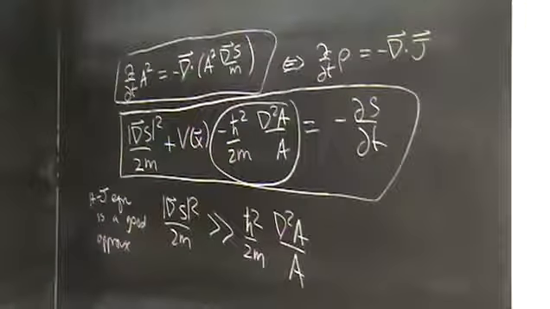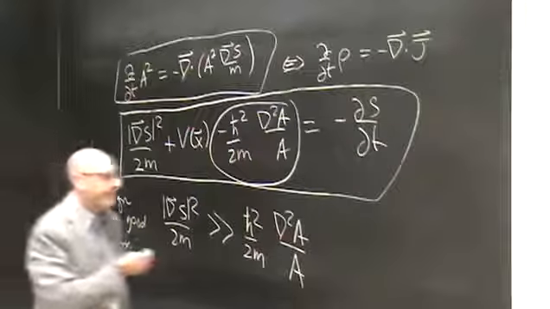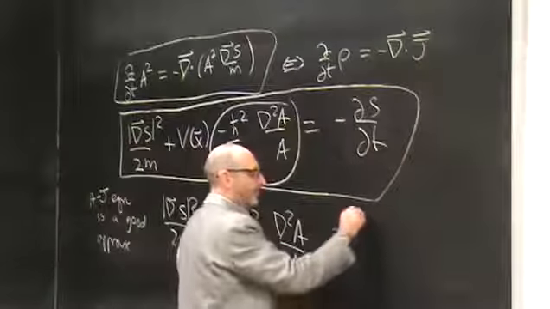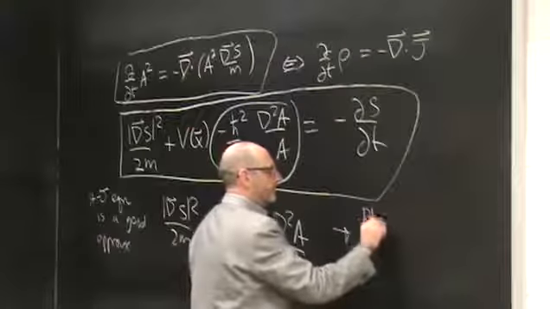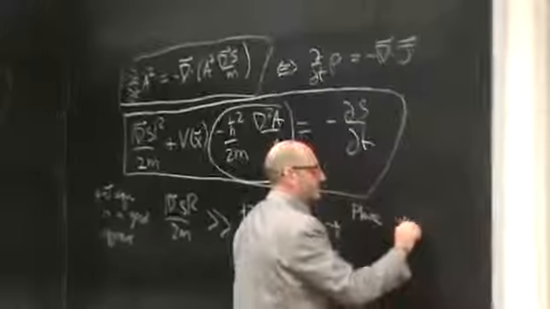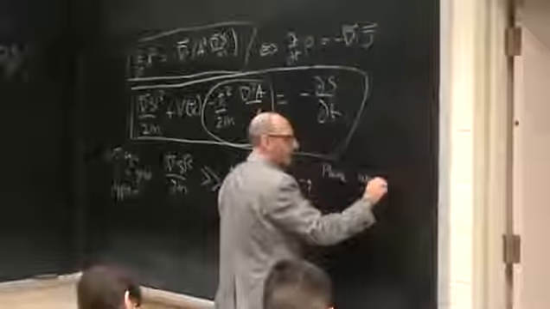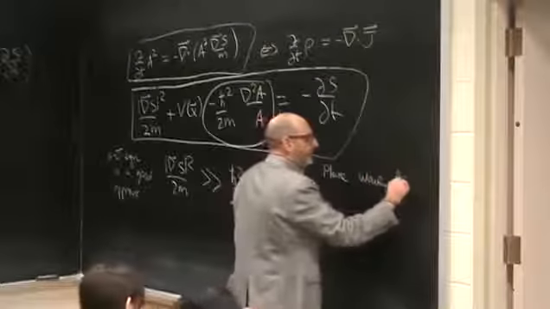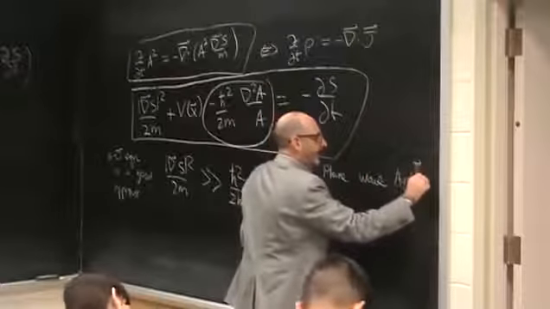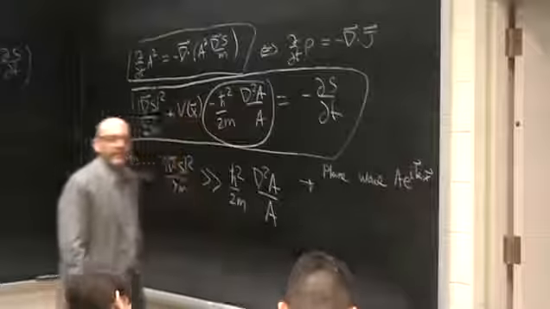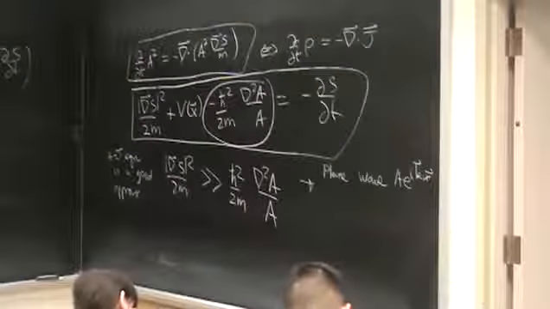Well, let's get a feeling for what that might mean. Let's suppose I had something that was kind of like a plane wave, with some amplitude, e to the i k dot r. Something that looks like that.